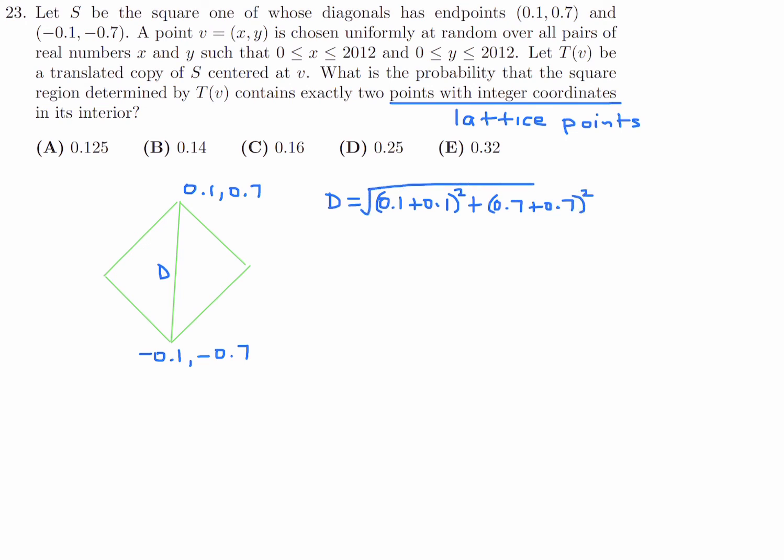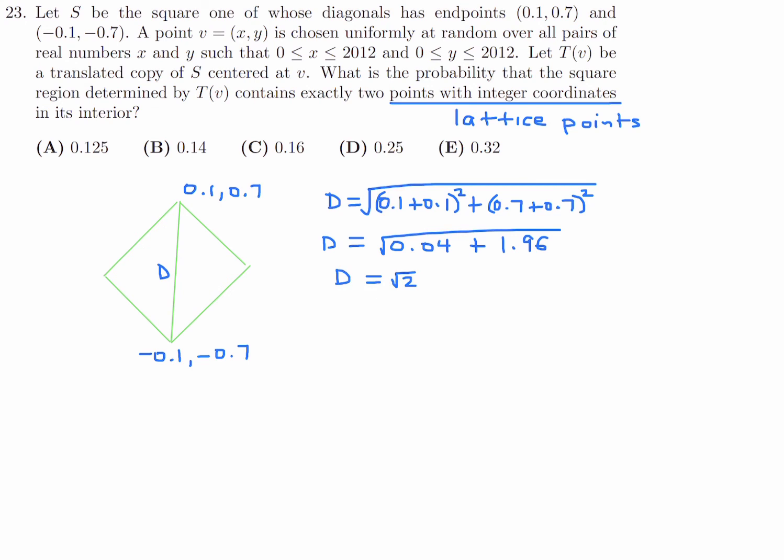That's 0.2 squared, which is 0.04, plus 1.4 times 1.4, which is 1.96. So the diagonal is just root 2.